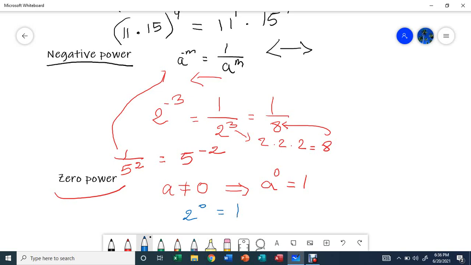Negative 2 or negative 3 to 0, you get 1. So any non-zero number, when you raise it to 0, you get 1.